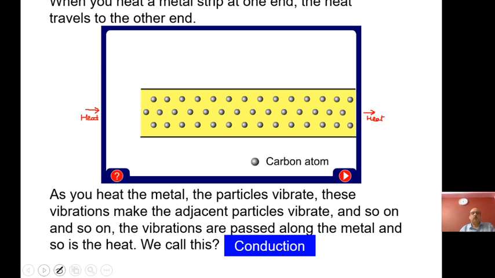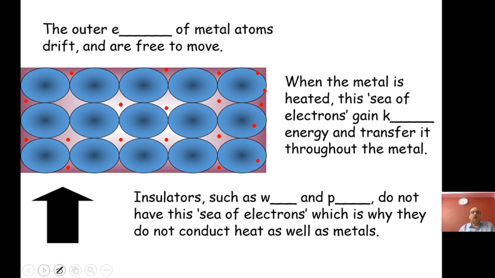Now, metals are different. The outer electrons of the metal atoms are free to move when we provide heat.